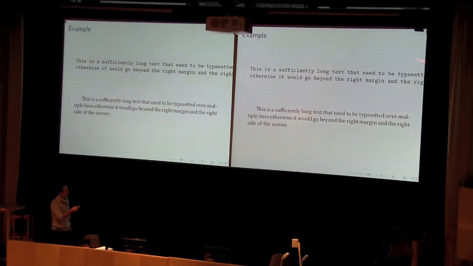So where you break the line is not important. Here we have a line break at "otherwise", and you see "otherwise" is here, and there is no line break here. So we have the paragraph that is composed linearly.